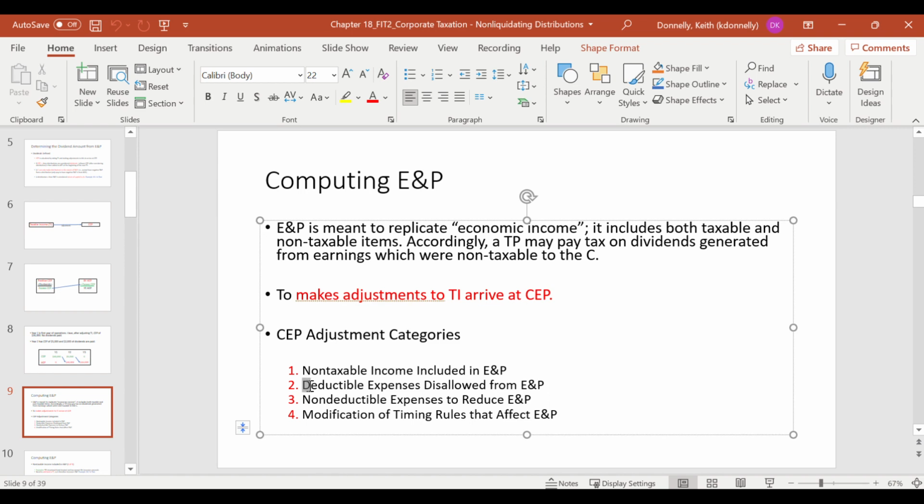Second, there could be things that were deductible on the tax return for which we do not get a deduction in calculating E&P. Third, there could be things that were non-deductible on the tax return that are deductible for purposes of E&P. And fourth, in light of certain IRS timing rules and other accounting rules, there could be some modifications that we need to make regarding E&P.